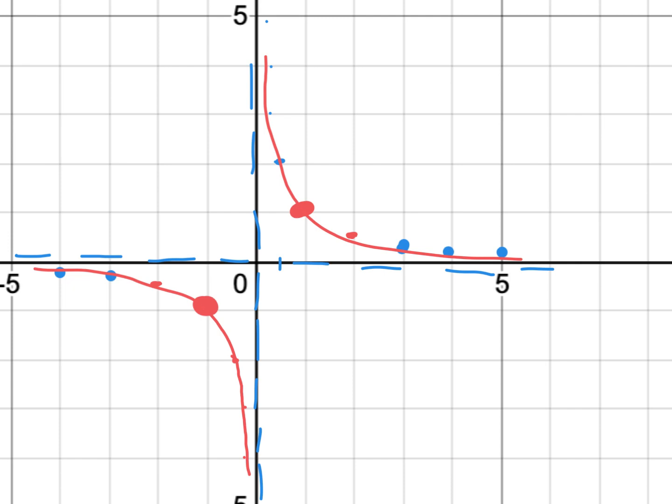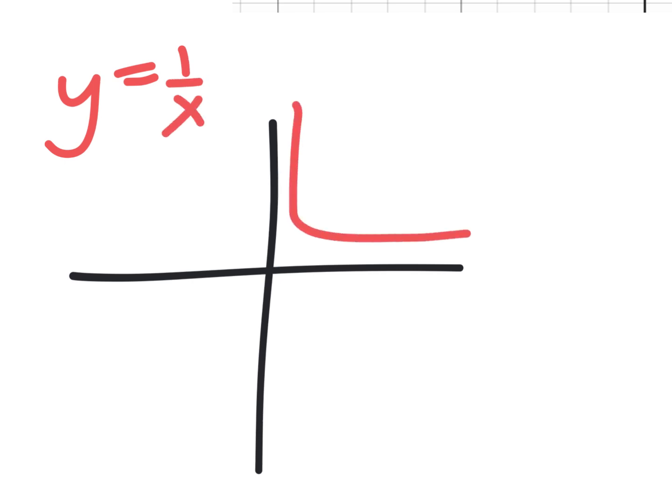All right. So if you want to know what these look like generally, here's how the teachers describe it. We go, here's the graph of y equals 1 over x. It just looks like that and that. Where it goes through 1, 1, because if I put in 1, y equals 1. And it goes through -1, -1, because I put in -1, y will equal -1.